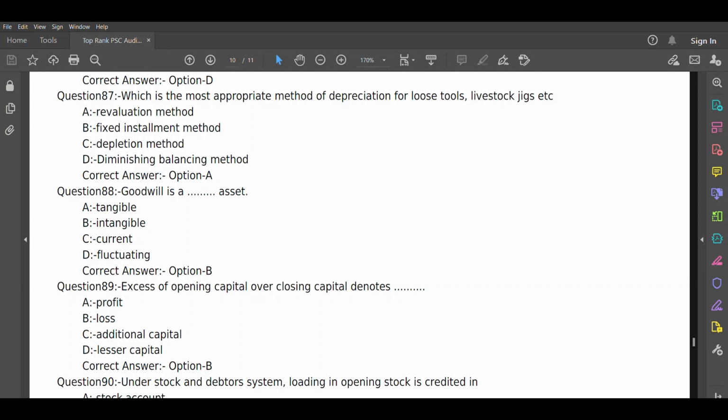Goodwill is an intangible asset. Excess of opening capital over closing capital denotes loss.